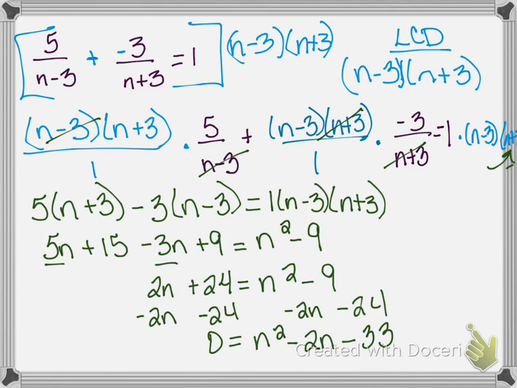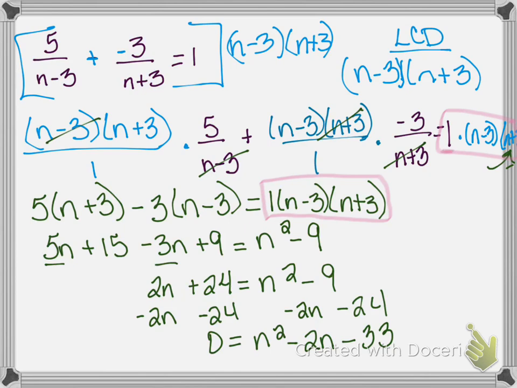Okay, so I need to erase. Yes ma'am? At the very end, you canceled n plus 3, right? The one that was running off the edge. Yes, it was n plus 3. I didn't cancel it because I was multiplying it by positive 1 right here. So that's what we got right here.